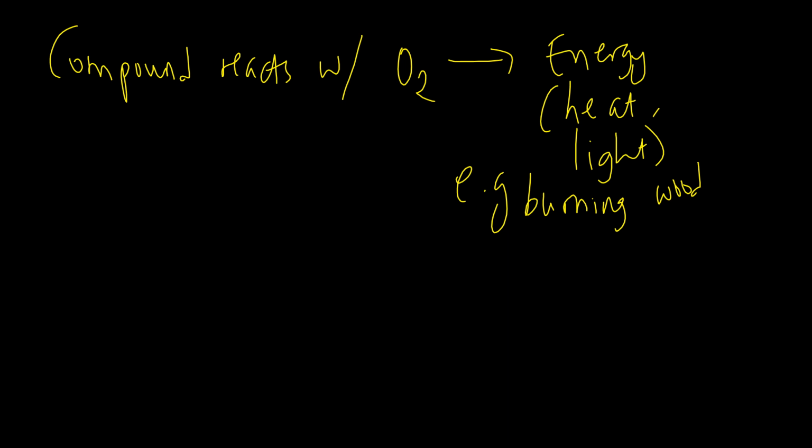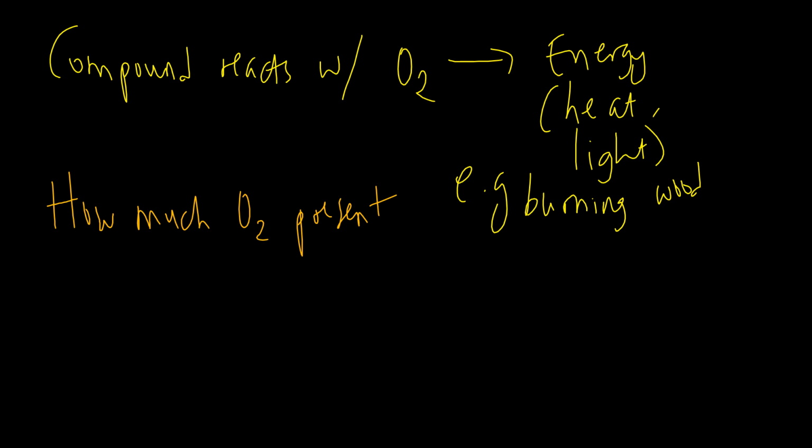So when it reacts with oxygen, it produces water and it also produces lots of different types of products. And the products we produce actually depends on how much oxygen is present. That's when we can start talking about complete combustion and incomplete combustion.